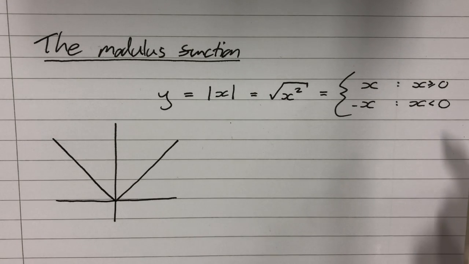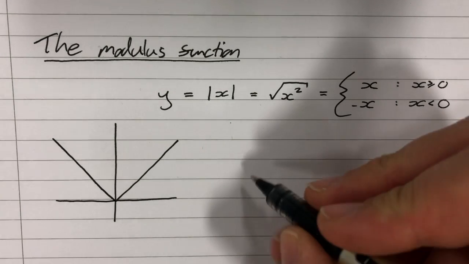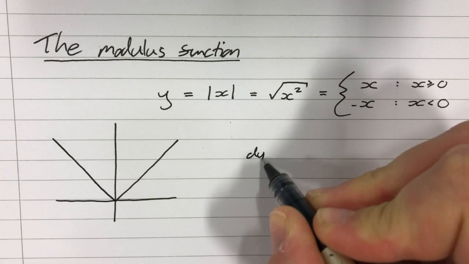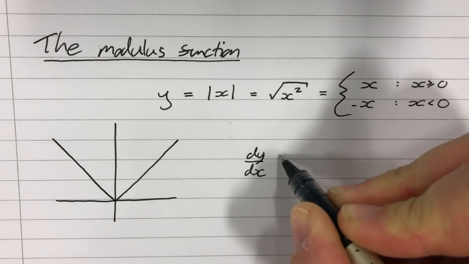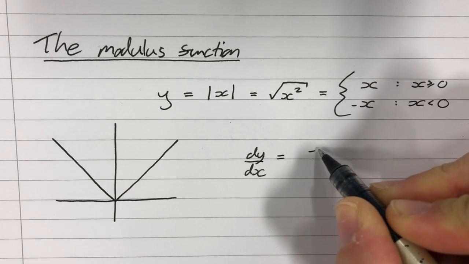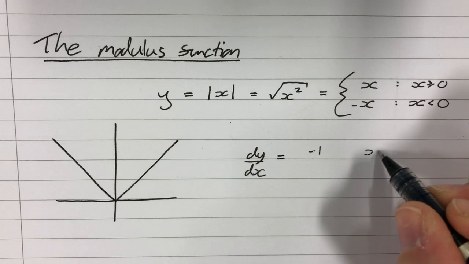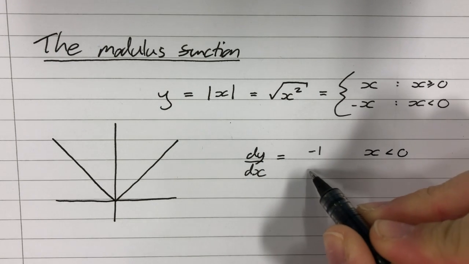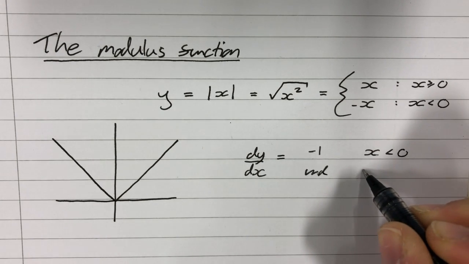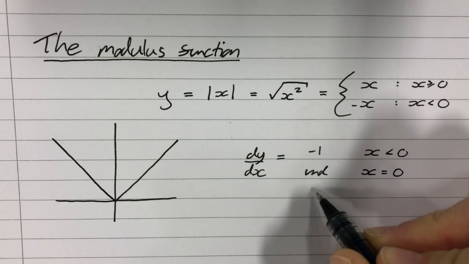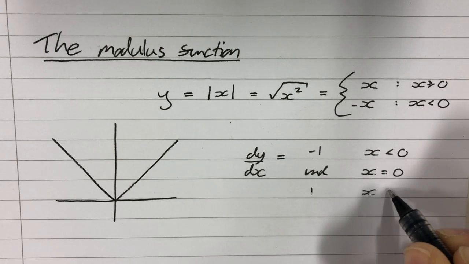And it's above the course spec, but just in case you're interested, the derivative of this, dy by dx, is equal to minus 1 for x is less than 0, undefined for x equals 0, and positive 1 for x greater than 0.